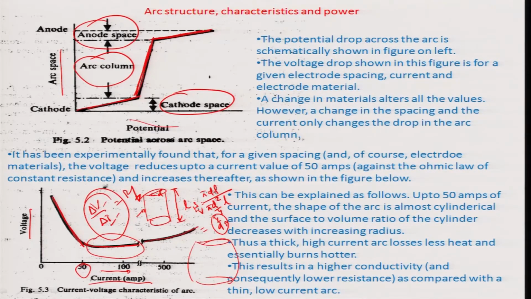Beyond close to about 200 amperes or so, you will see that now the dominant factor is basically the bulging out arc, and because of which the resistivity would again increase, and there is a VI relationship which is sort of non-linearly increasing. So that is how we reasoned out how this characteristic of voltage versus current comes.